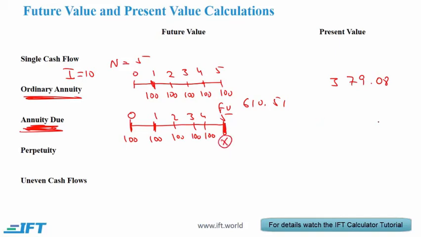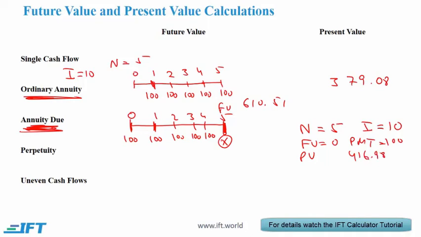For the present value calculation, you again make sure that the calculator is in begin mode and then you say that n is equal to 5, interest rate is equal to 10, the future value is 0, the payment is 100 and we compute the present value. And in this case, the answer that you will get is 416.98.